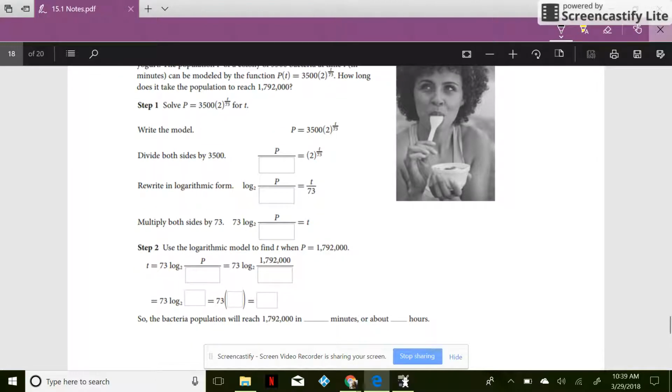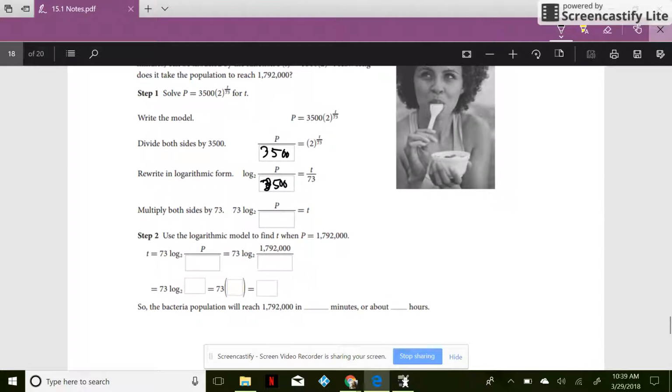t. So first thing we're going to do is divide both sides by 3,500. And then we're going to rewrite it in log form. So log base 2 of p over 3,500 is t over 73.